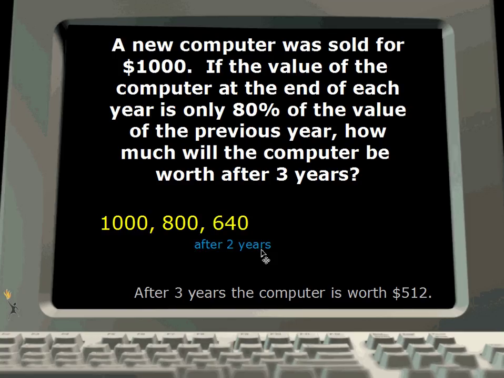So 800 times 0.8 gives me 640. And then I have to repeat the process, multiplying 640 by 0.8 to get the value after 3 years, which is 512. So I have my initial value, and then if I'm looking for the value after 3 years, I'm actually looking for the 4th term of my sequence. That's why I chose n being equal to 4.